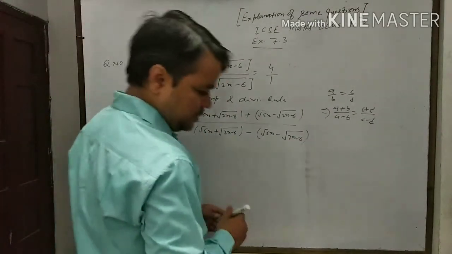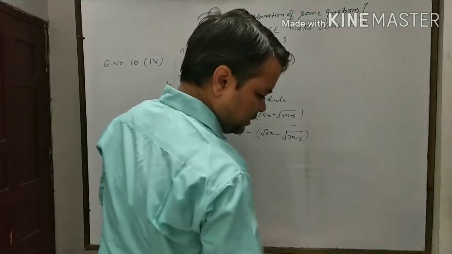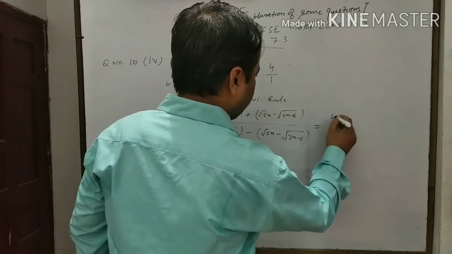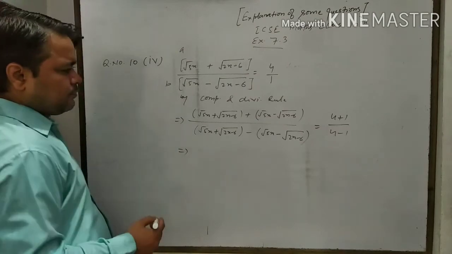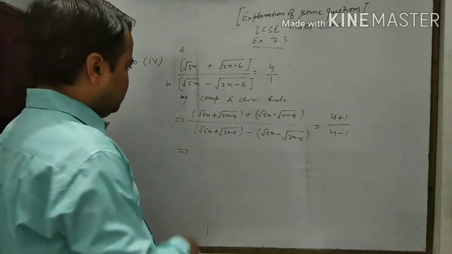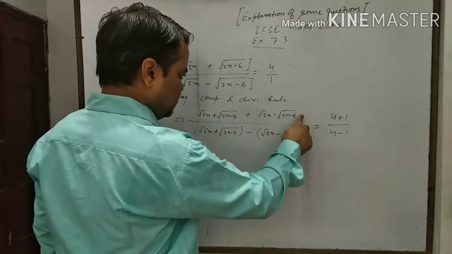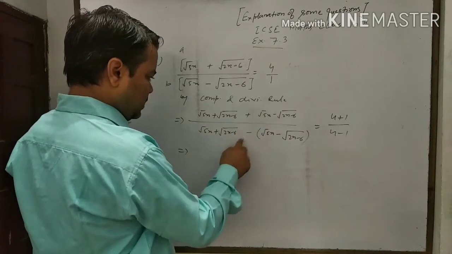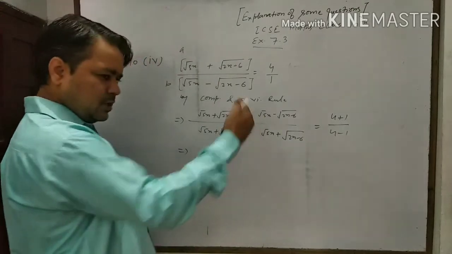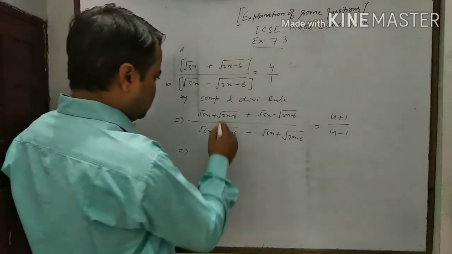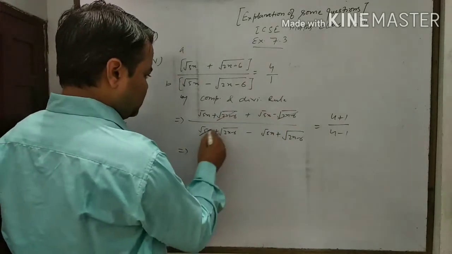And here the right hand side, that is 4 by 1, can be written as (4 plus 1) upon (4 minus 1). After that, if we remove the bracket, here the plus sign has no change. Now here the minus sign will be minus, but then this will be plus. This will be the next step. Now here this and this will be cancelled because of the same value in plus sign and minus sign. Similarly this and this also.